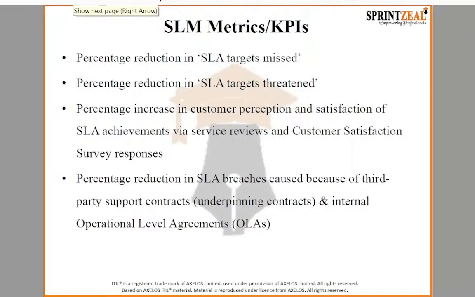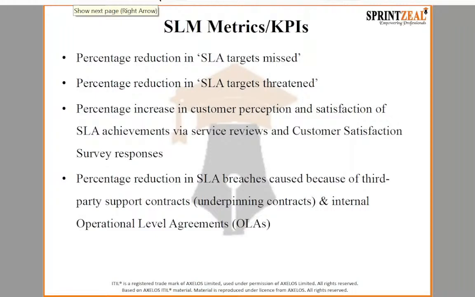Percentage increase in customer perception and satisfaction of SLA achievements via service reviews and customer satisfaction survey responses. So we're not going to wait to see what our customer thinks about us. After a service is provided or a service component is provided or on some type of planned interval, we're going to gauge customer perception. And we may send out customer surveys or initiate service reviews.